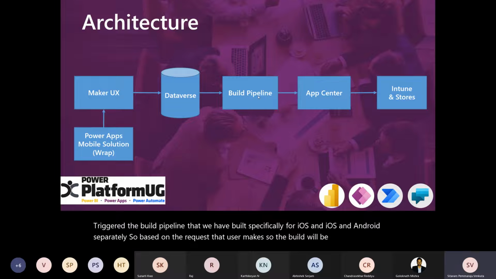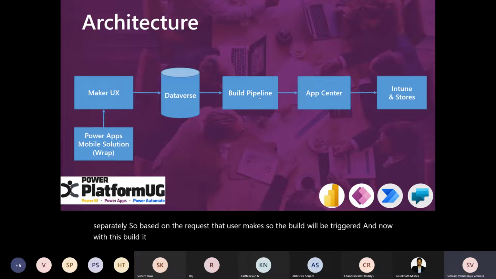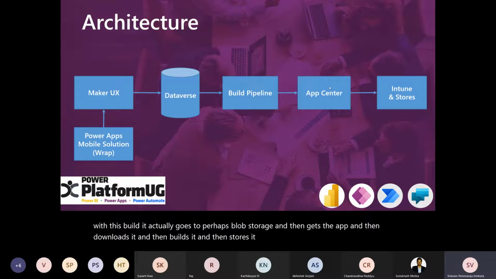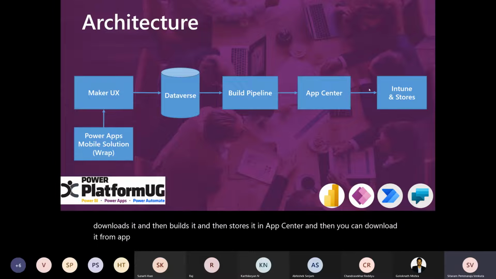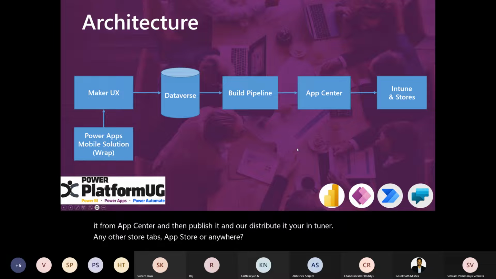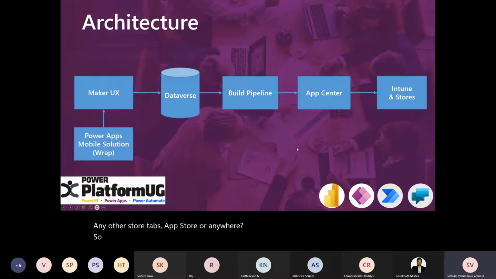With this build, it goes to Power Apps blob storage, gets the app, downloads it, builds it, and stores it in App Center. Then you can download it from App Center and publish or distribute it to your Intune or any other stores, app store or anywhere. With this architecture, I'm going to pause and see if you have any questions.